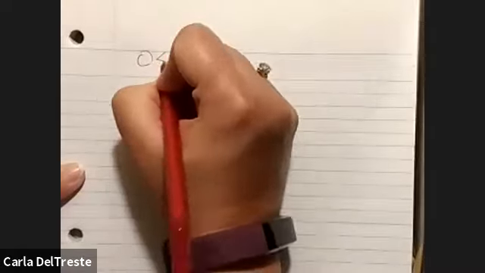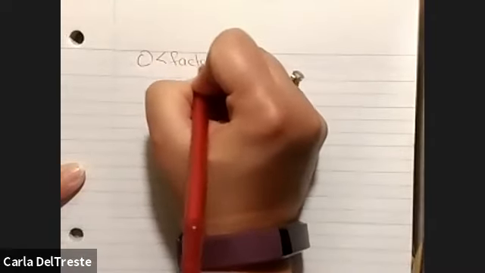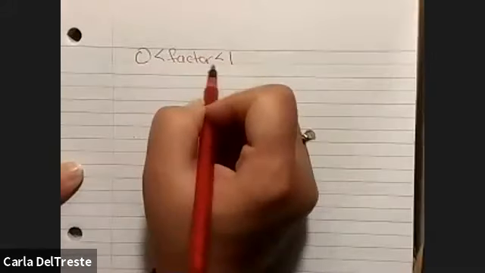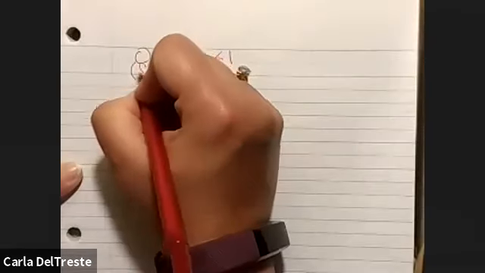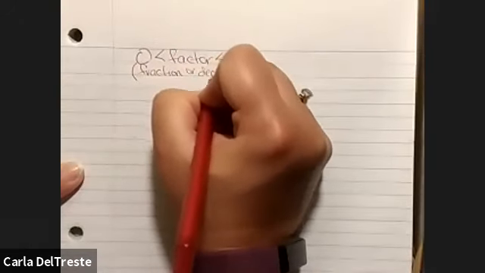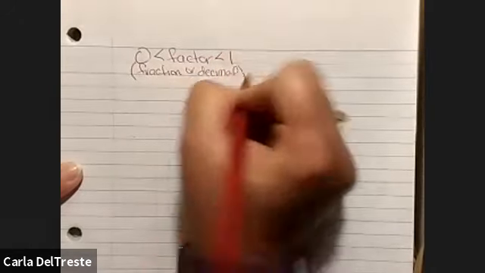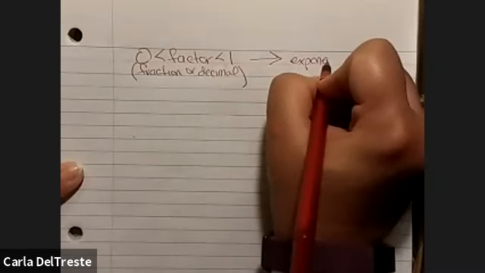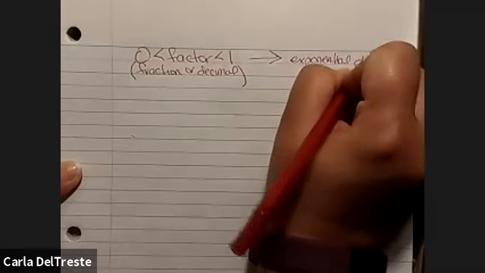So now we have a few other rules that go along with exponentials. If the factor is a decimal, so it's stuck between 0 and 1, so it is a fraction or decimal, that means that we will have exponential decay.